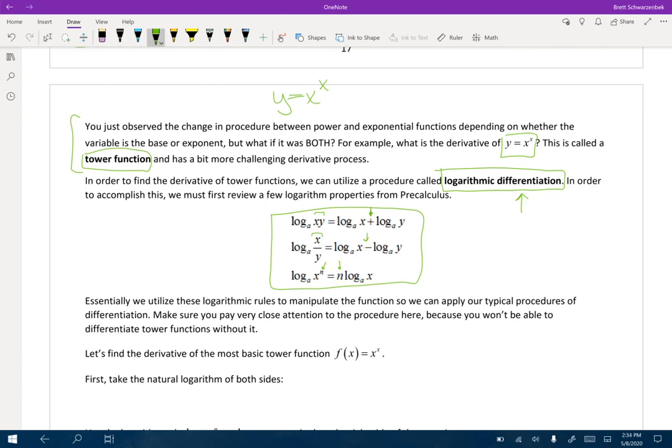It has variables not only in the base, but also in the exponent. So a power is this, an exponential is this, but this is a tower function. That is what we're going to use as a way to learn logarithmic differentiation.